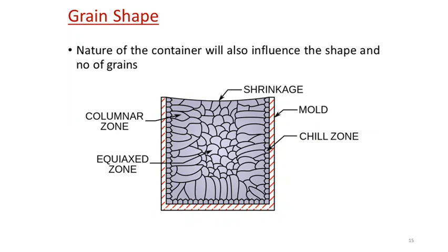For example, for the molten metal placed near the walls of the container, the heat transfer rate will be very high, so faster cooling will take place in those regions.